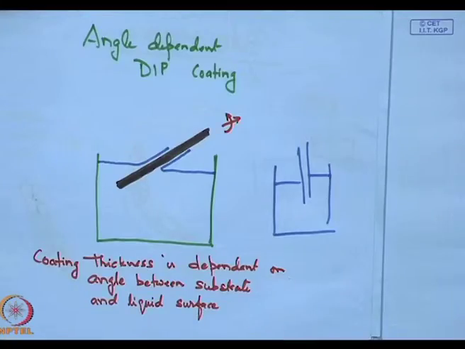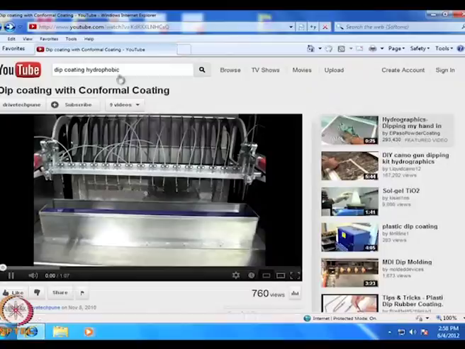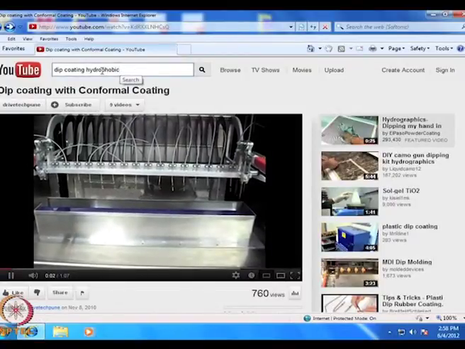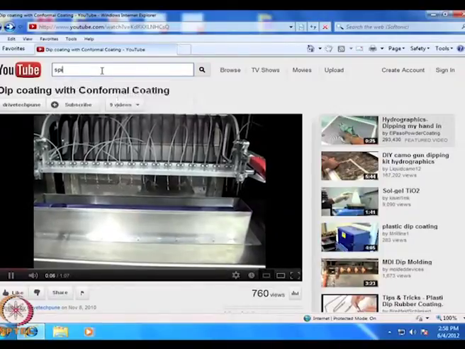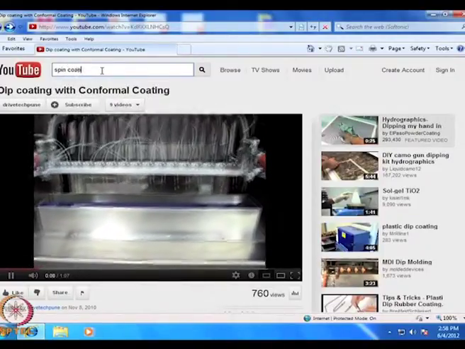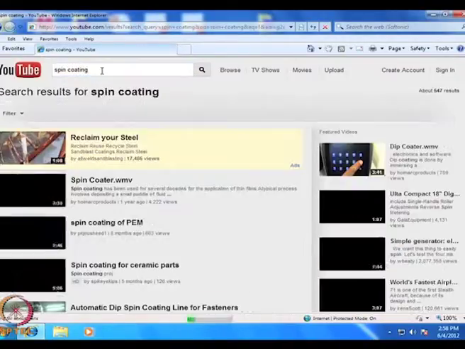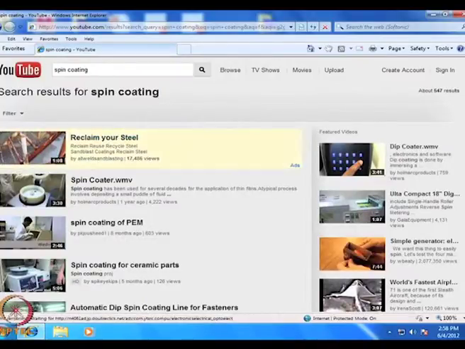Another way of working around would be spin coating.